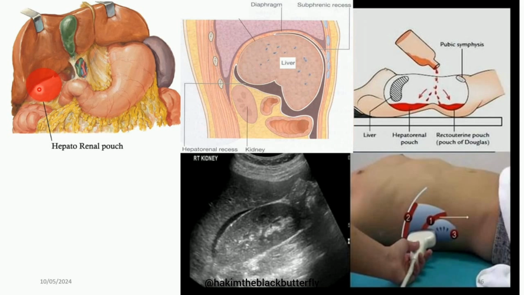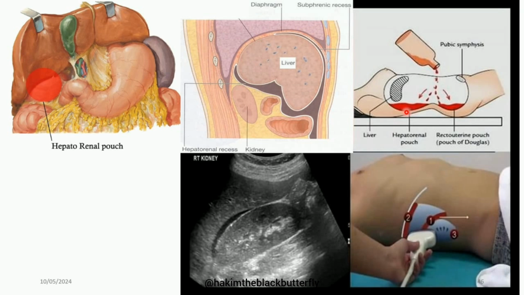But this is more clinically relevant because it is deep, it's large, and whenever, let's say, there is an abnormal accumulation of pathological fluids in the abdomen or in the peritoneal cavity, these fluids are going to fill the hepatorenal pouch in most cases because it's one of the deepest pouches within your abdomen.